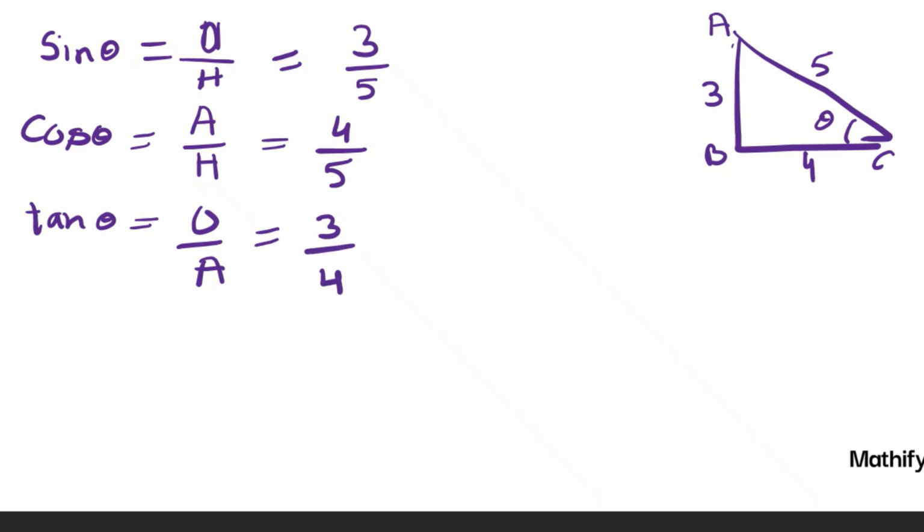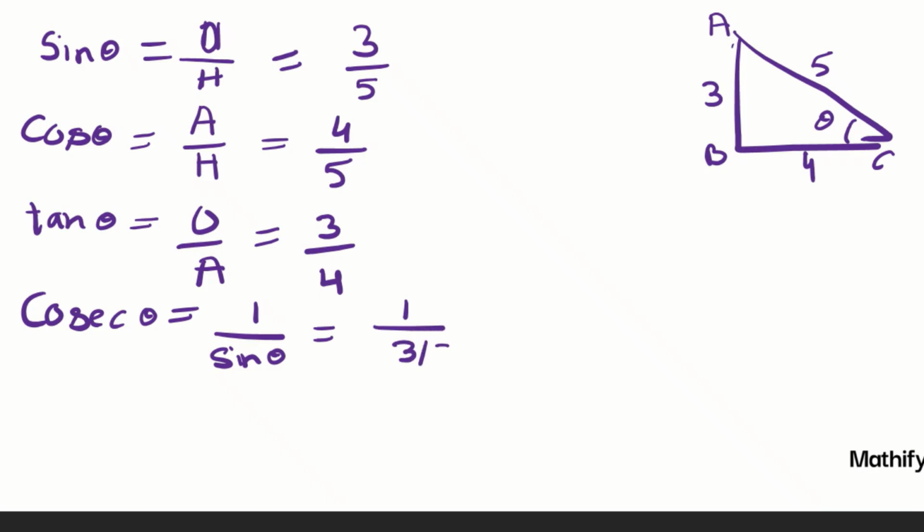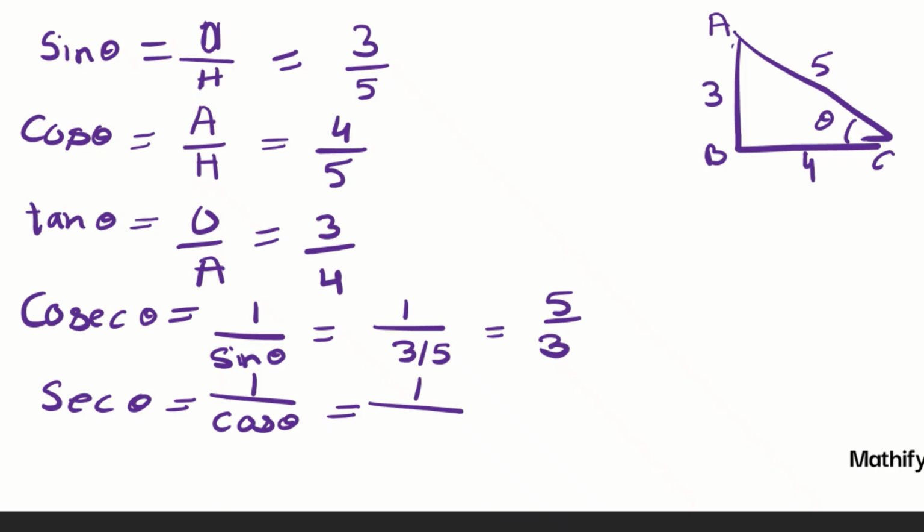Now we can easily find cosec theta. Cosec theta is nothing but 1 upon sine theta, so 1 over 3/5, that will give you 5 over 3. Next is sec theta, which is 1 upon cos theta, that is 1 over 4/5, that is 5/4.